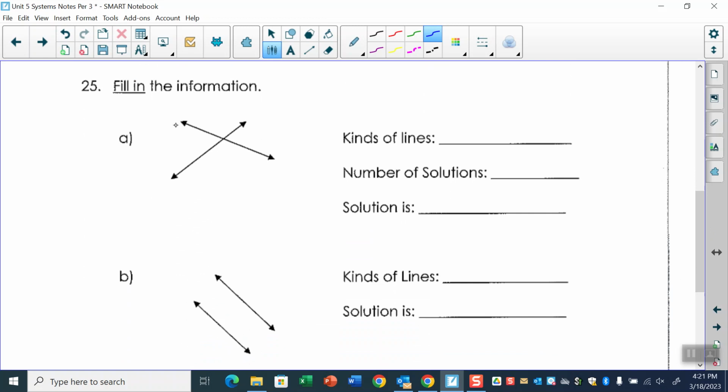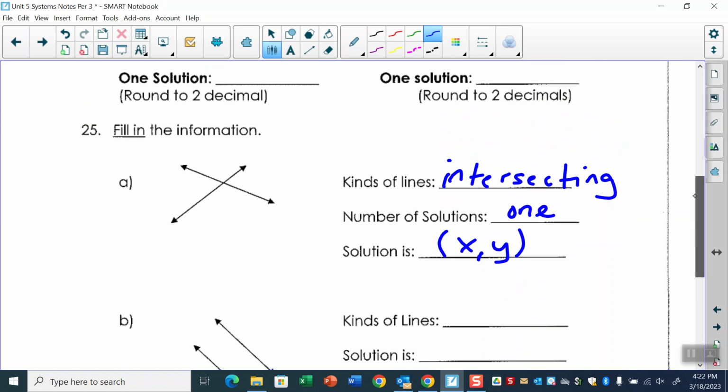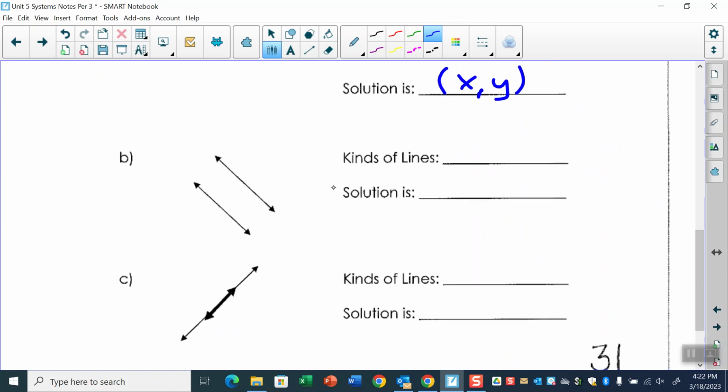Fill in the information. These 2 lines are intersecting. One solution. Okay, the solution is going to be (x, y), right? These kind of lines are parallel. Solution is none, all right?